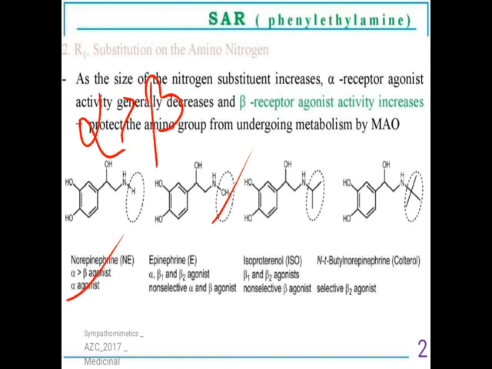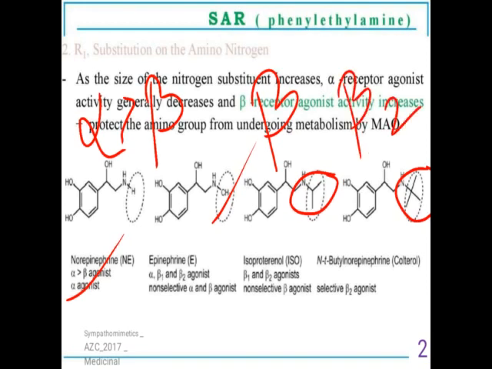But here you can find the drug has a bulkier alkyl group, that is, three alkyl groups. That means the drug is more active towards the beta receptor. And if it is a tertiary butyl like in salbutamol, the drug is a more beta 2 selective agonist. So from the structure you can understand the activity or the specificity for the activation of that drug.